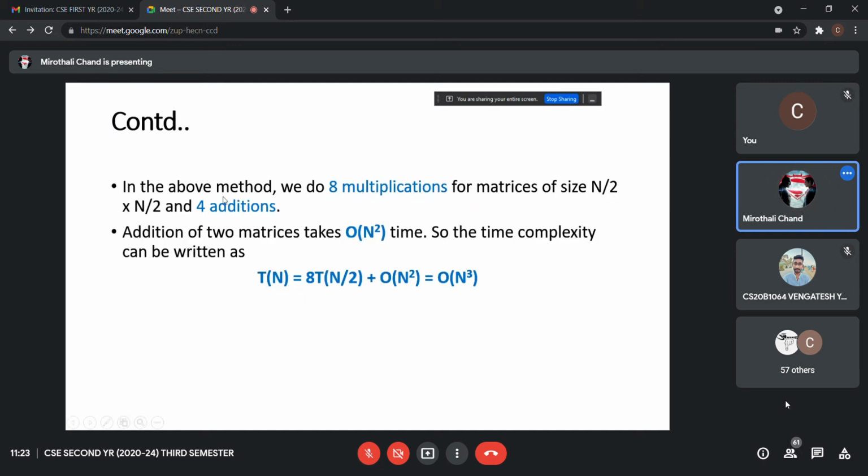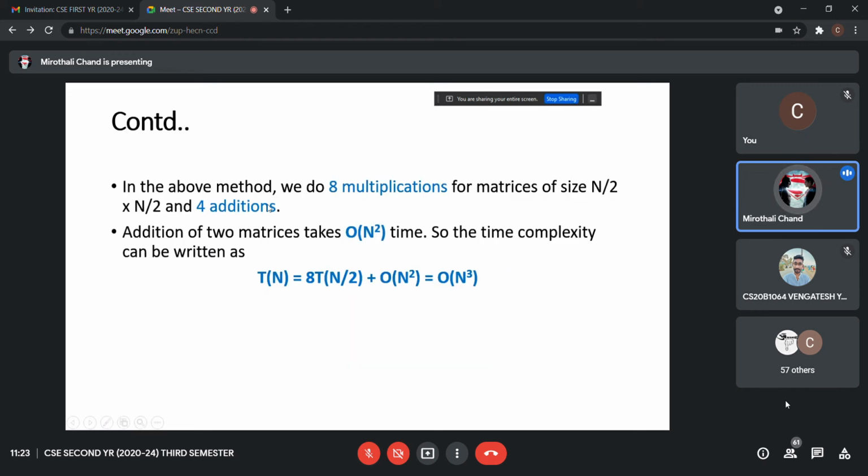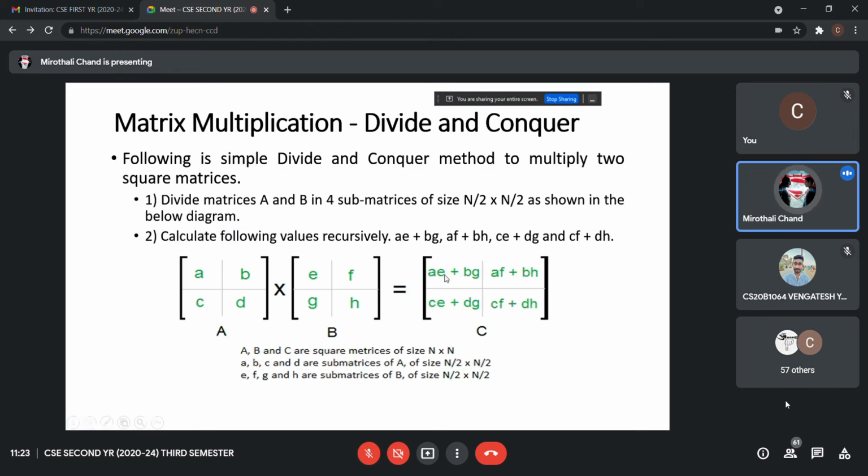multiplication problem. Here in this method, the time complexity is the same. It has 8 multiplications: AE, BG, AF, B into H, C into E, D into G, C into F, and D into H. 8 multiplication operations, and for these matrices, the addition of these 2 multiplications will be considered as 4 additions.